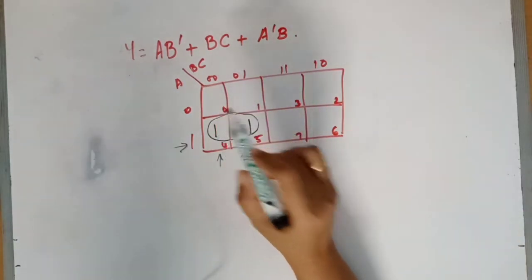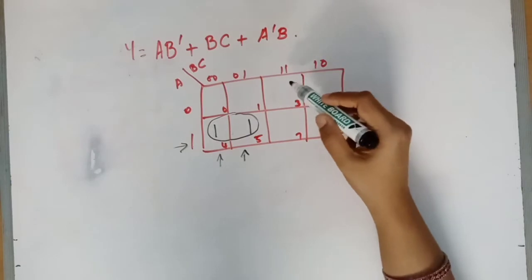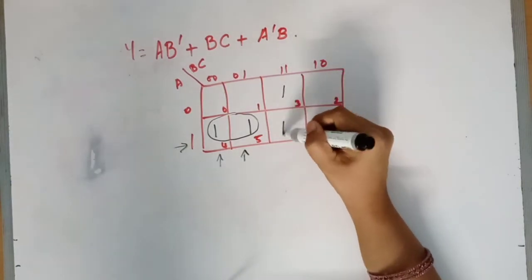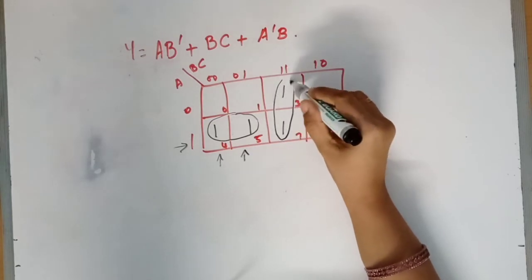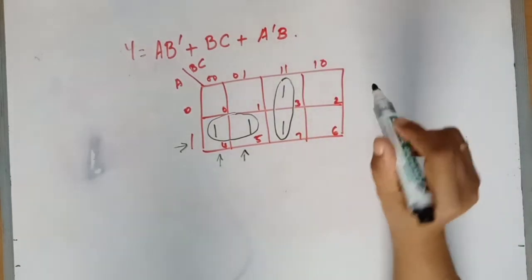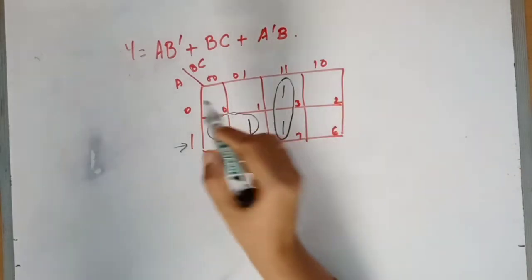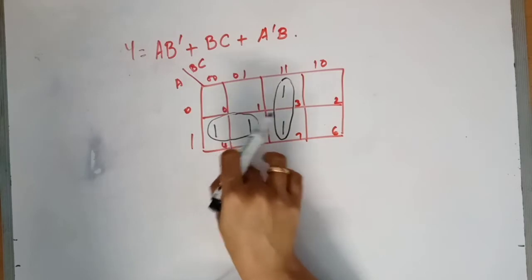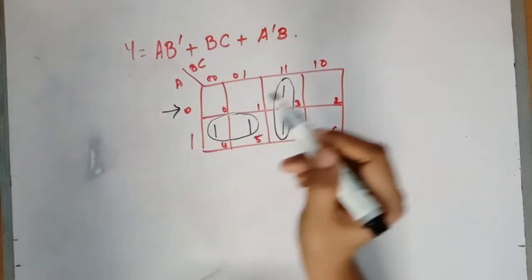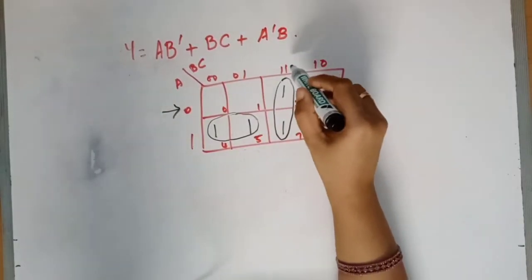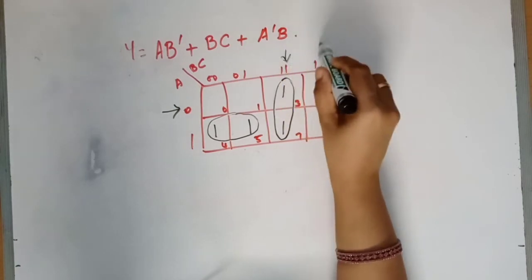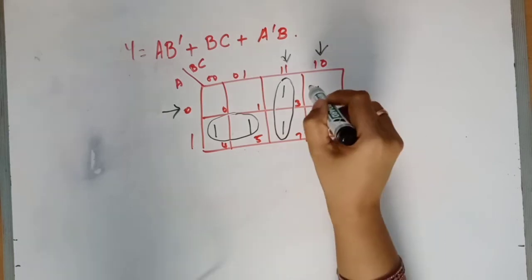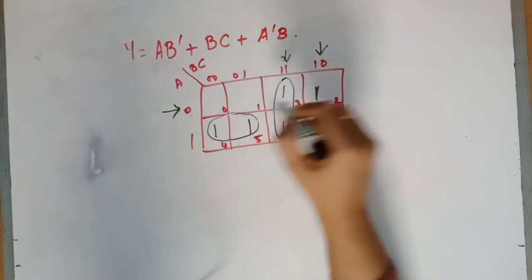BC: B is 1, C is 1, so if you have two ones here, it will be BC. A bar B: A is 0 and B is 1. B1 means this and this. So here A bar B.